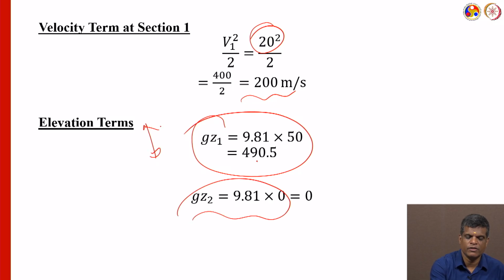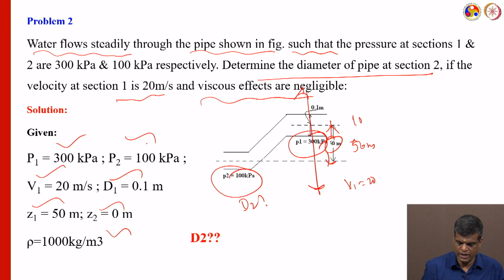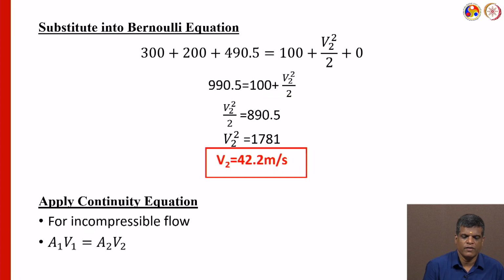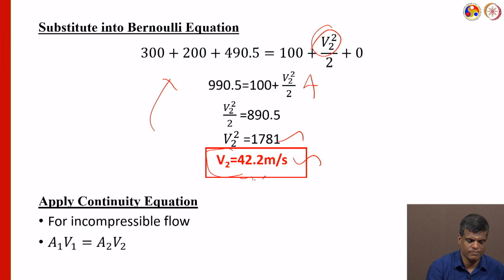We can use the 50 meter height here because the problem itself already gave the sections: 50 meter here, 50 meters there. So the 50 meter we added here, Z1, Z2 is 0. Once this is done, you substitute all the values and get the value of velocity. Then V2 square, V2 is 42.2 meter per second.